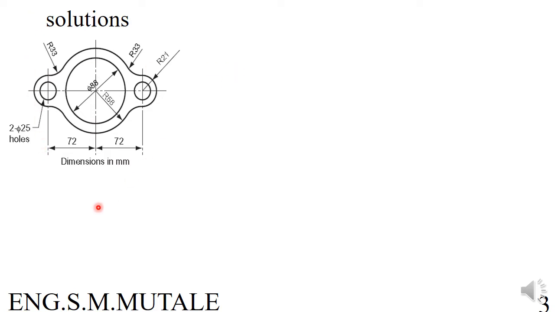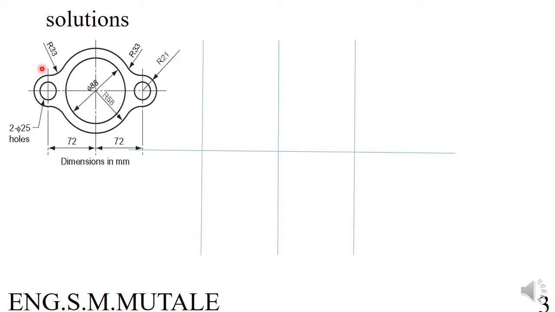Okay, so you just demarcate your paper, these lines should be very faint. Okay, you have this line, that line, and then we know that this line is 72 millimeters away from the center. So from here to here, this is 72 millimeters. Again, from there to there, 72, which is this one. Okay, then we can start drawing.